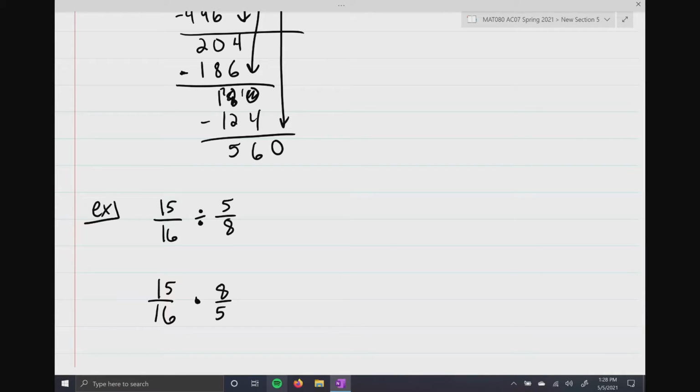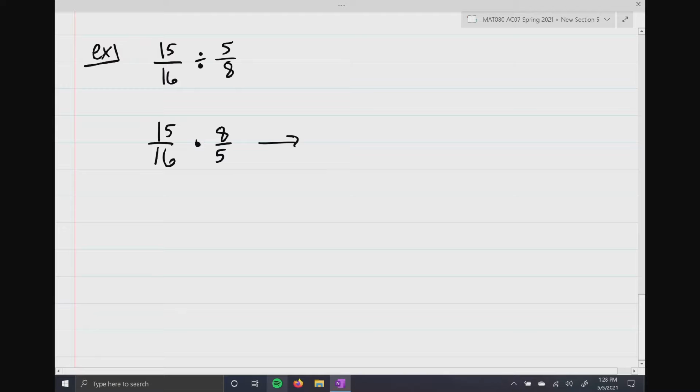Now, before I multiply, I will simplify everything first. So here's what I'm going to do. The first fraction, 15/16, that 15, I'm going to rewrite it as 3 times 5. The denominator, 16. Now, I can write 4 times 4 if I want, but I'm going to be smarter than that.